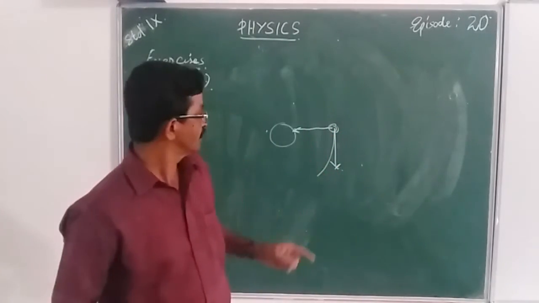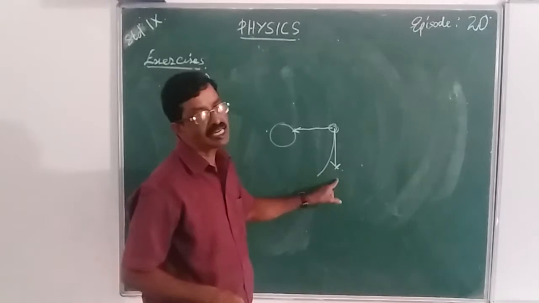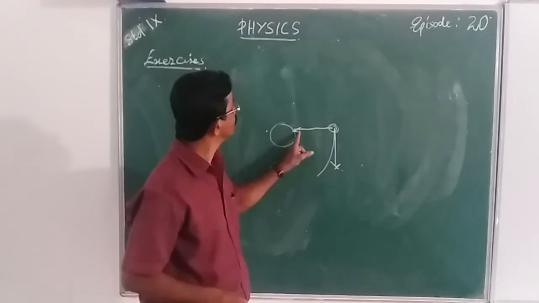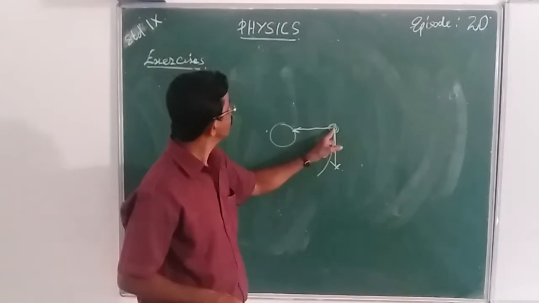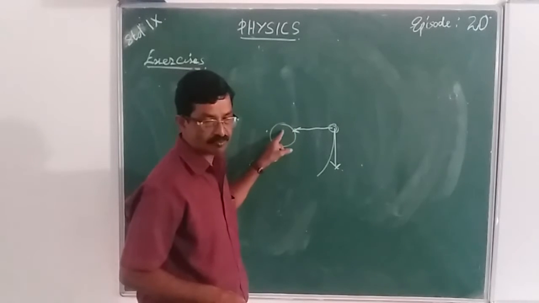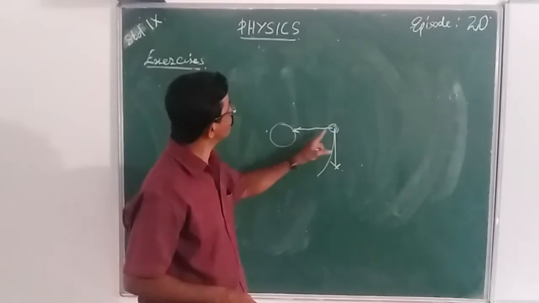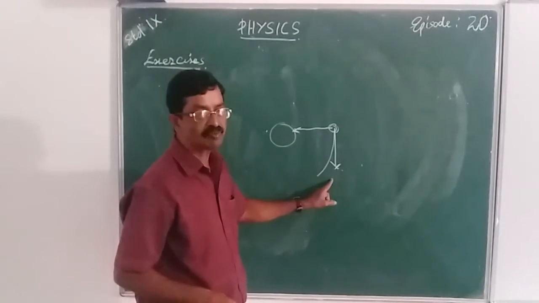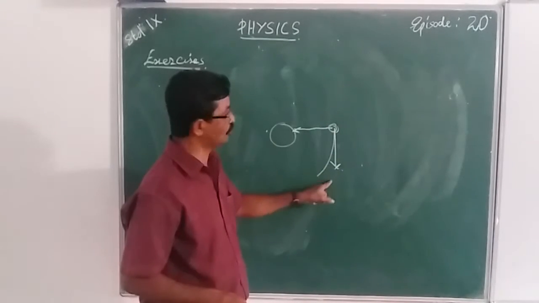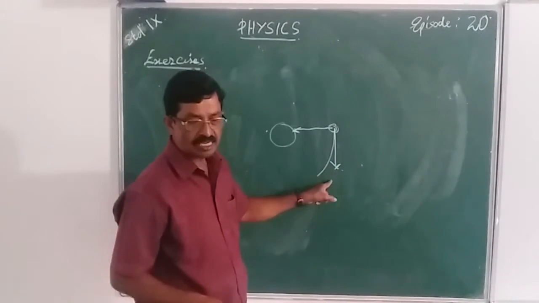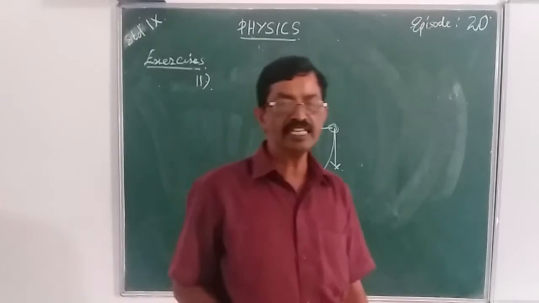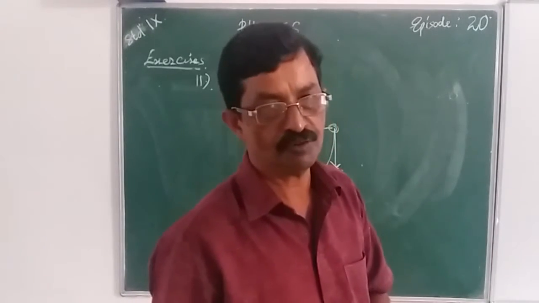That means there is no displacement in the direction of force. Here the force is towards the earth and displacement is tangential. That means it is perpendicular to the force. Hence the work in this case becomes 0.